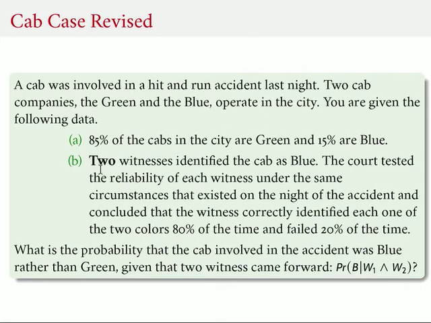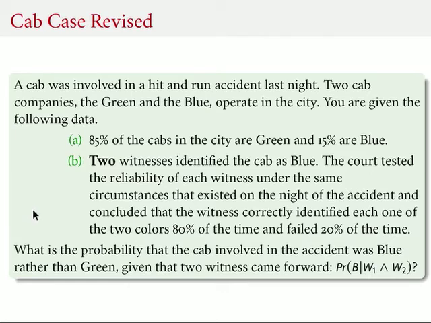And furthermore, we said that there was only one witness. So in the previous lecture, when we talked about this cab case, we said that one witness came forward. And the one witness who came forward is 80% reliable at telling the color of a cab if they see them.